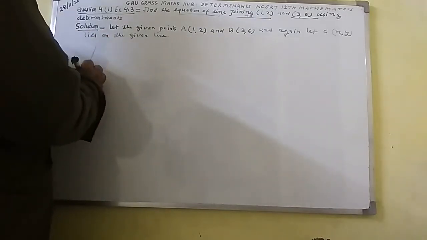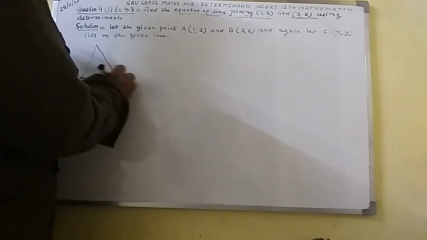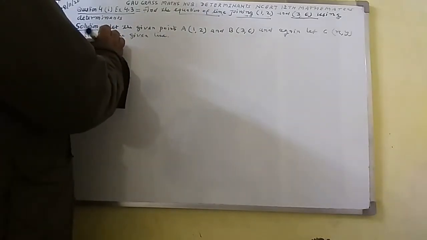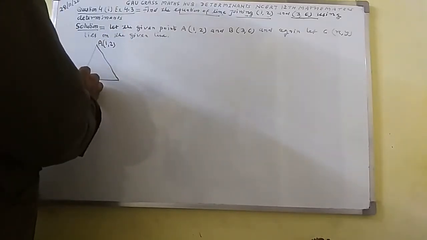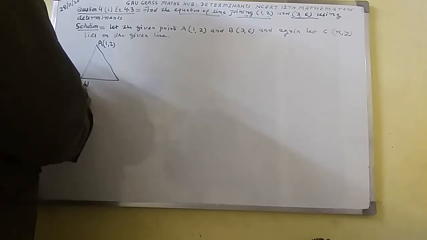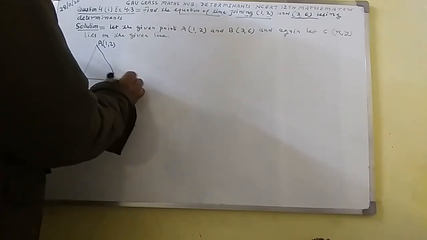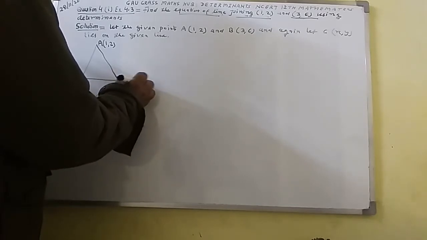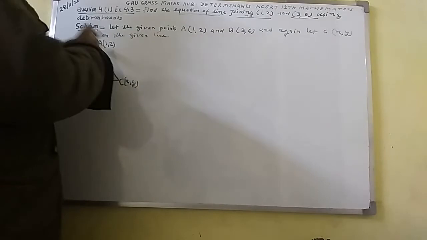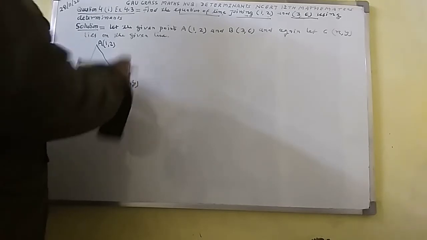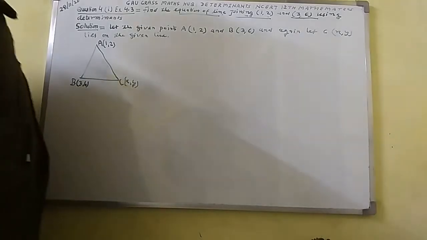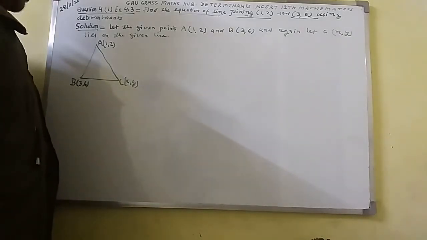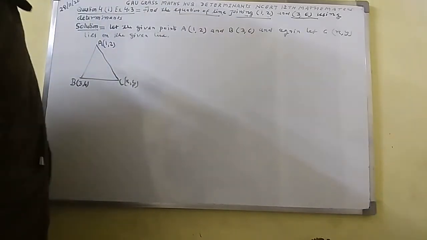If I make a triangle whose vertices are A (1, 2), B (3, 6), C (x, y), then the points A, B and C are lying in a straight line when the area of the triangle formed by the points A, B and C comes out to be 0.